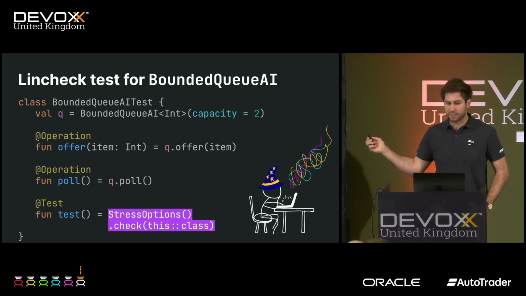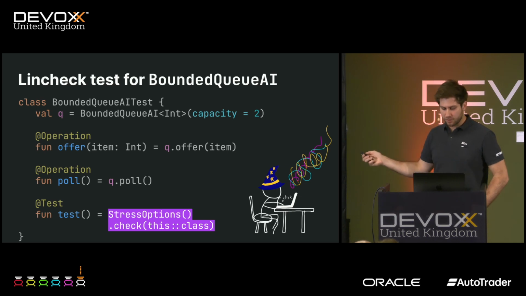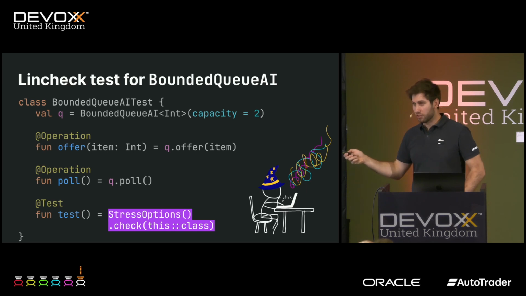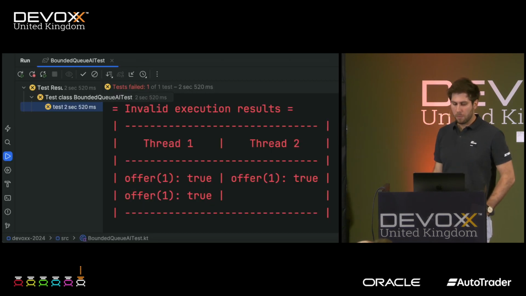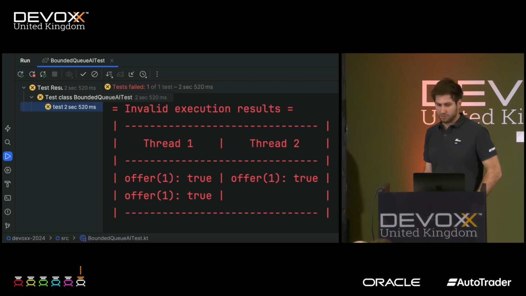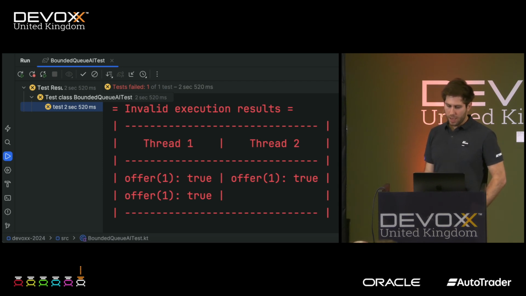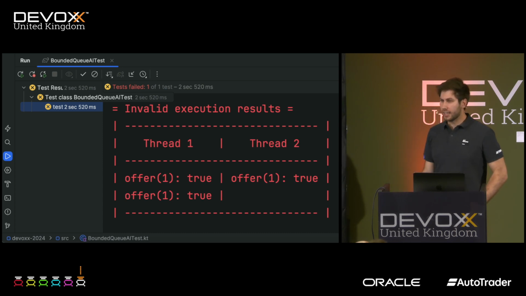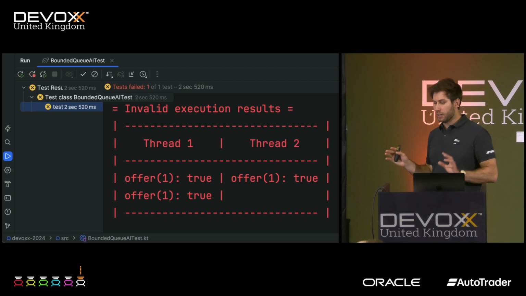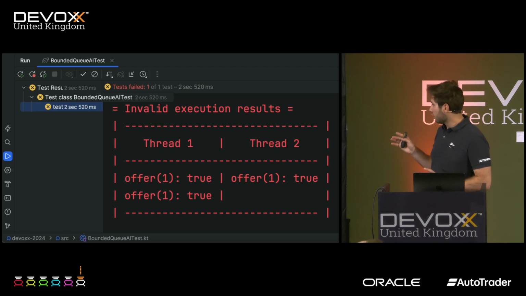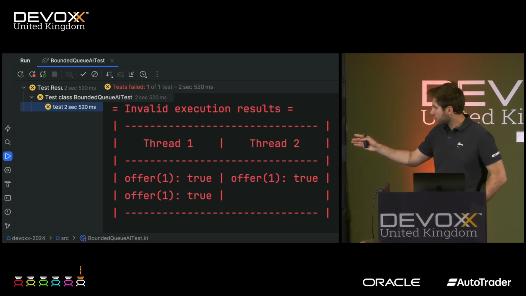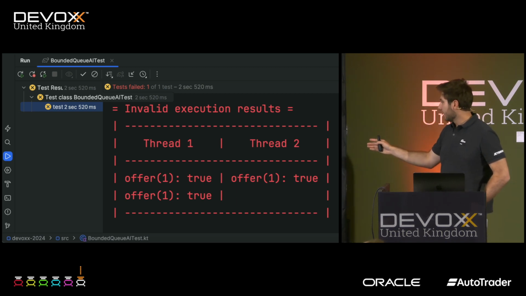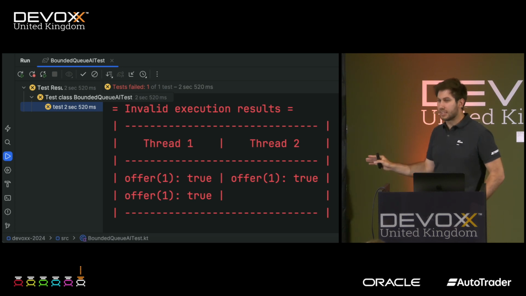So let's run this test. If we run this test to verify the bounded queue implementation produced by the AI system, then this test fails. And here Lincheck found a scenario in which the data structure worked incorrectly. So here we observe two offer calls in the first thread and one offer in the second thread, and all of them succeed.